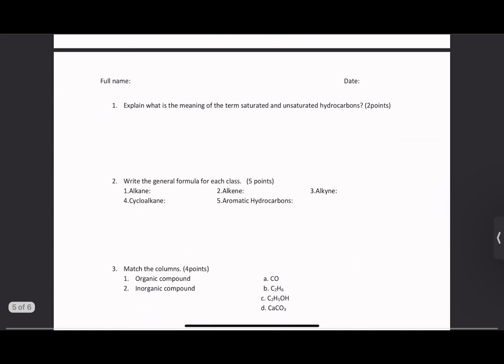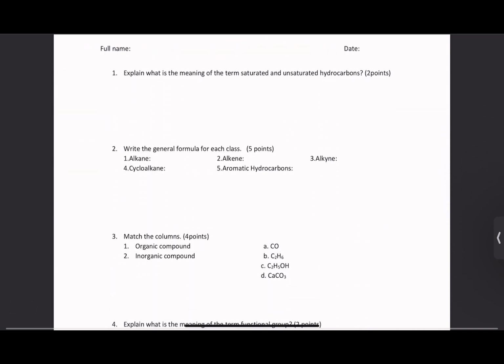Okay, now we move on to the next PowerPoint. Explain what is the meaning of the term saturated, unsaturated. I think I already told, so saturated one means that only single bonds, single bond. And then unsaturated means double and or triple bonds.